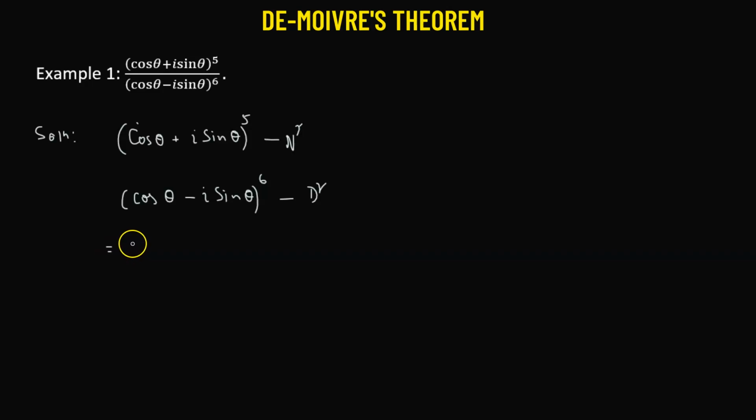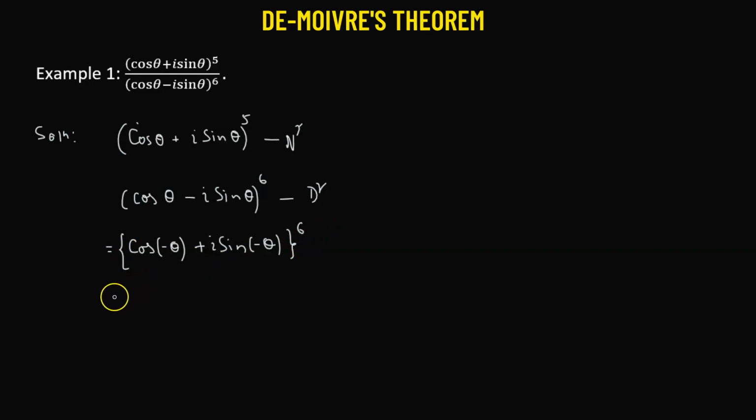We can write cos θ as cos(−θ). It is still going to be positive, but we have negative sin θ for the imaginary part, which can be expressed as positive i times sin(−θ), and this entire thing is raised to the power of 6.